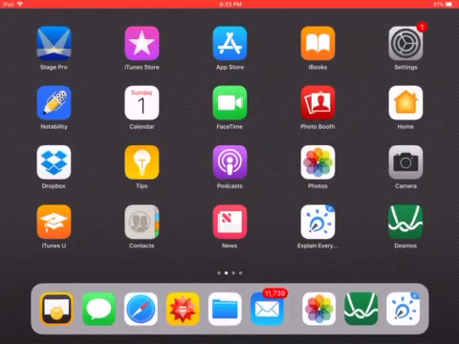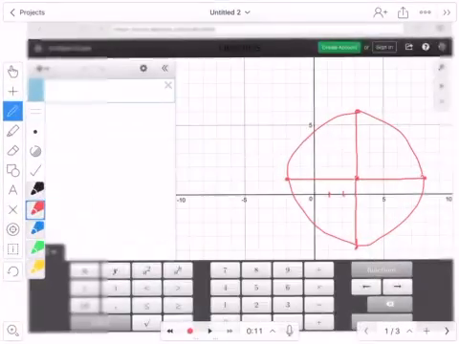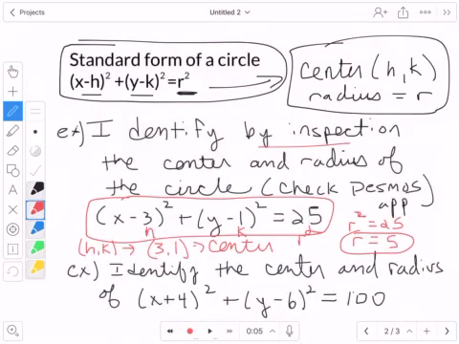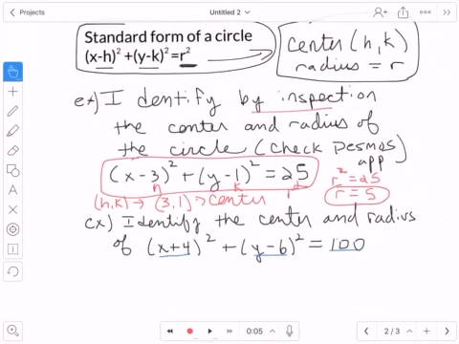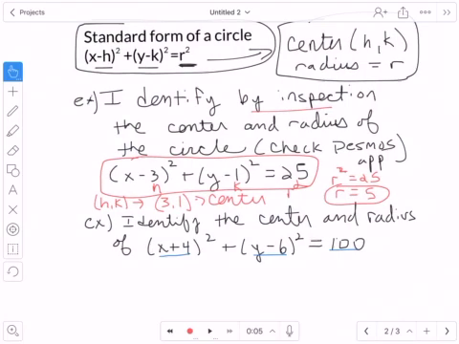Okay, let's go to our next example. I'll grab a different color for that. That's (x + 4)² + (y − 6)² = 100. You'll notice that's a little catchy, so let's see if I can scoot that up a little bit. A little catchy because it says x plus 4. It doesn't say x minus 4.